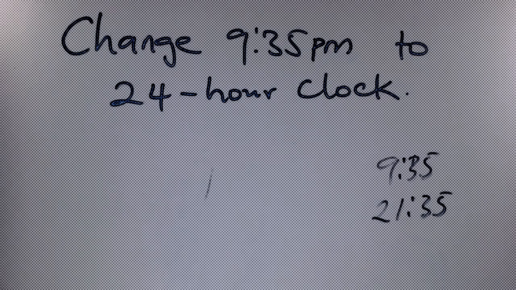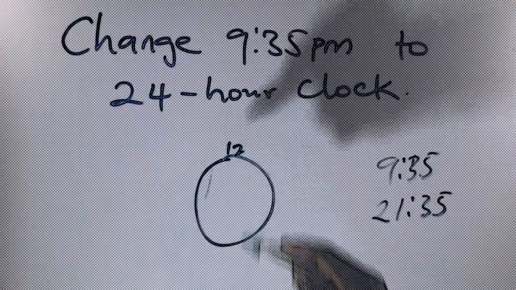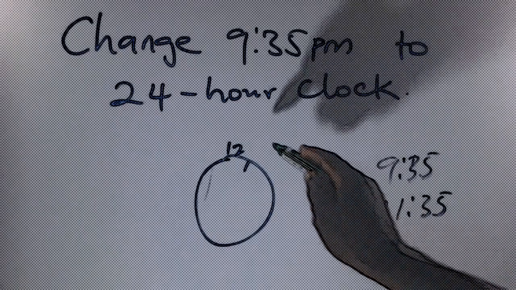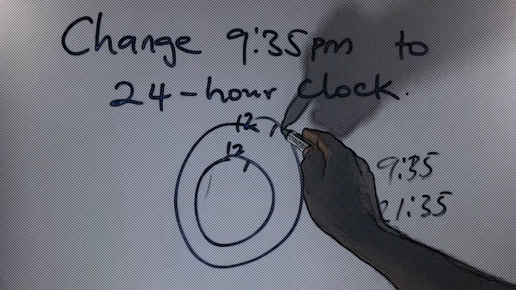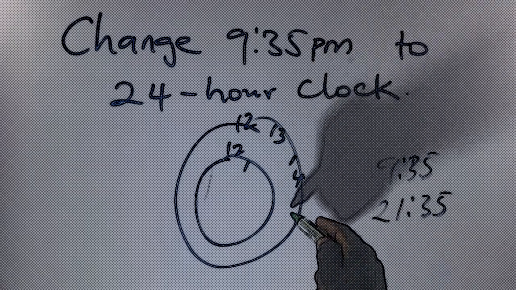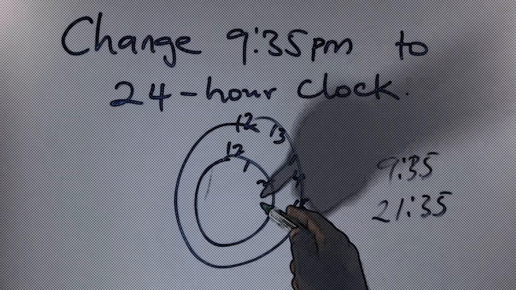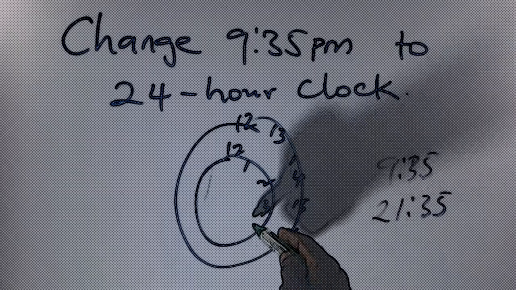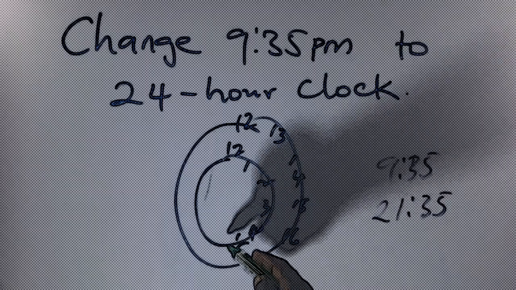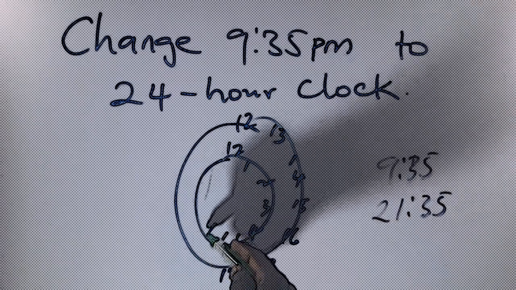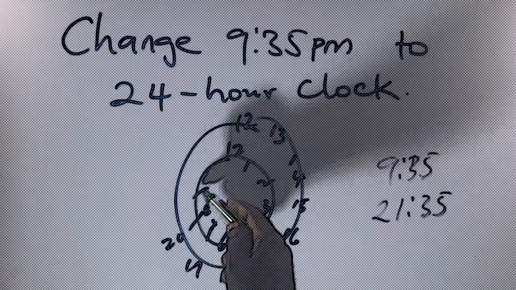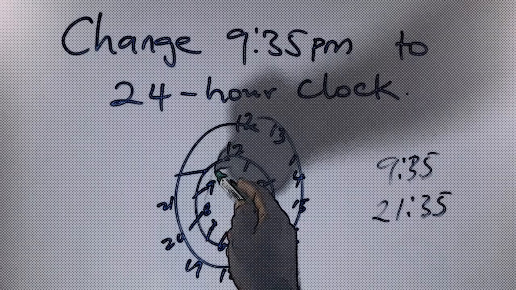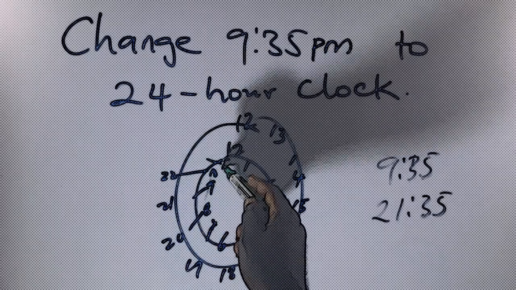Let me explain further. In 12-hour clock, when it gets to 12, it will start counting from 1. But in 24-hour, it continues to 13, 14, 15. So 14 is 2, 15 is 3, then 16 is 4, while 17 is 5, then our 6 will be 18, 7 will be 19, while 8 is 20, 9 is 21, 10 is 22, 11 will be 23.